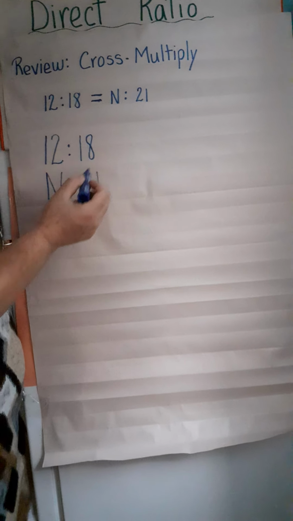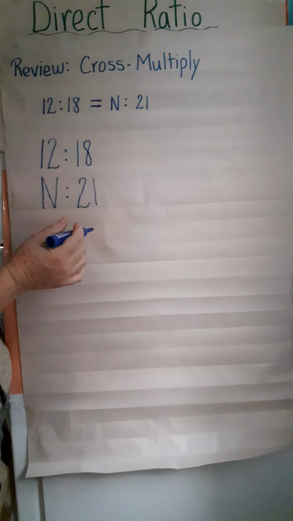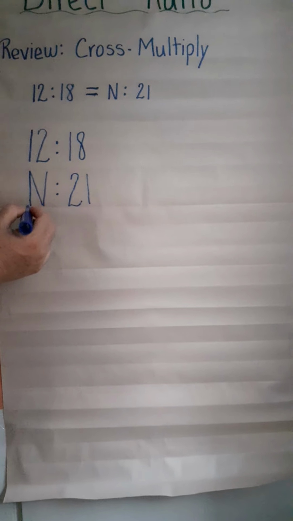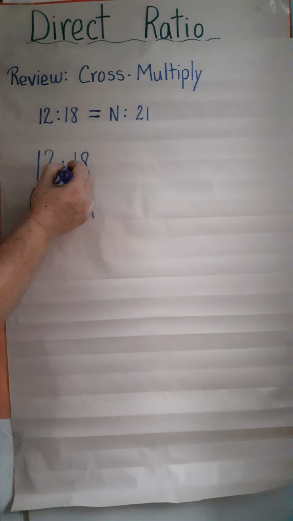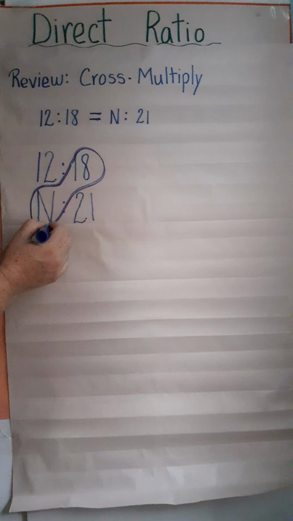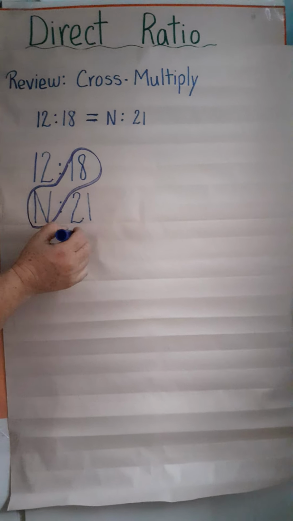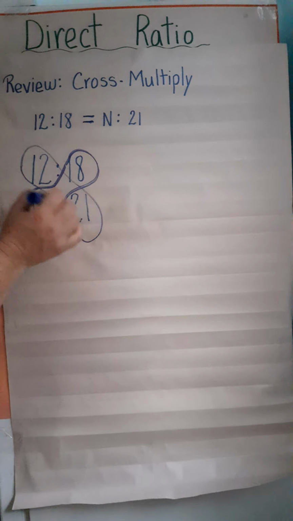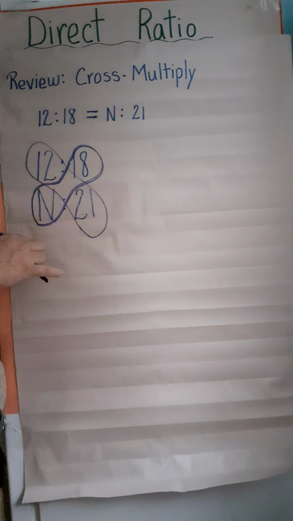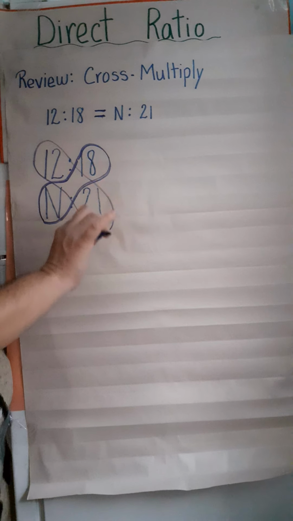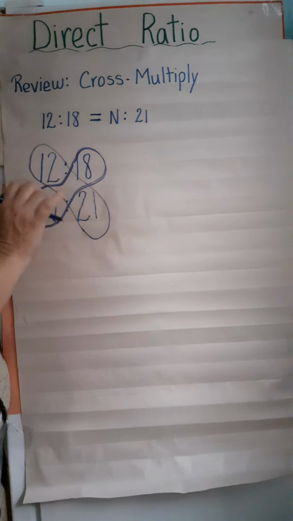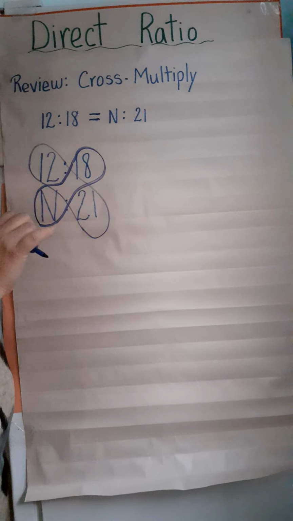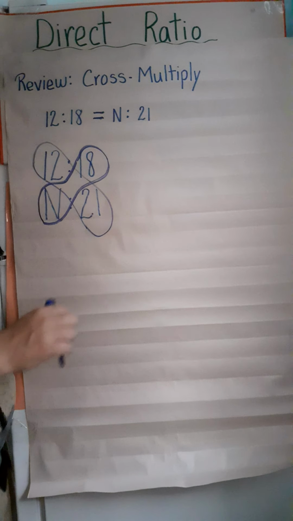I showed you that to solve this problem, we can use butterfly wings. Alright, so we make the butterfly wings like that, and we make the other butterfly wings. When we make the butterfly wings, we form an X, alright? And an X is the sign for multiplication, alright?